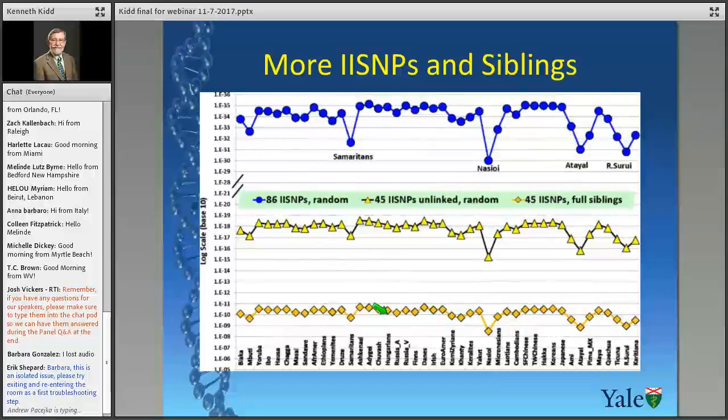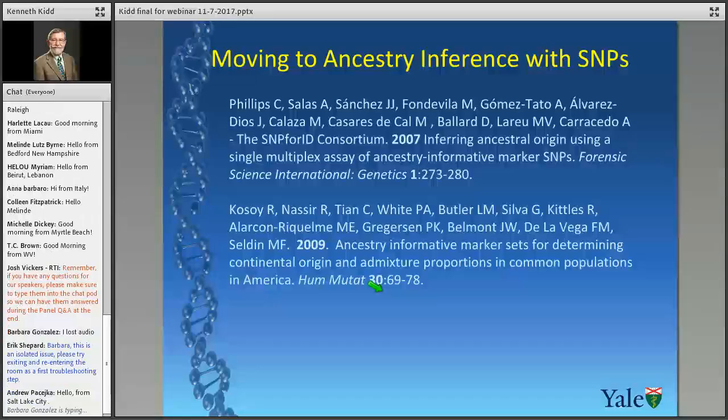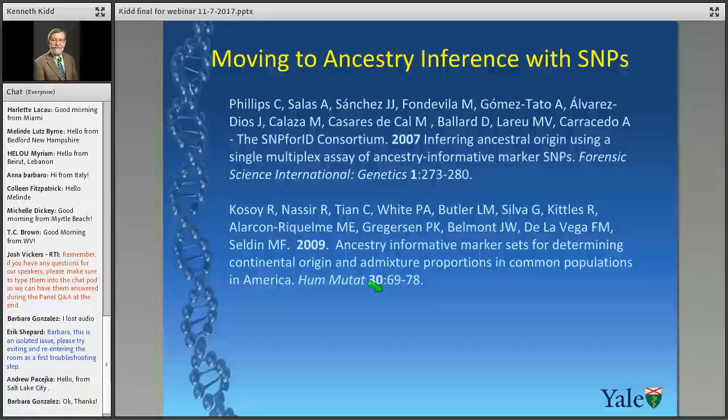We could even find that in full siblings, we got random match probabilities of around 10 to the minus 8, 10 to the minus 10, differentiating the siblings. So it became clear that SNPs could provide a lot of information for individual identification, and the field began moving towards ancestry inference.